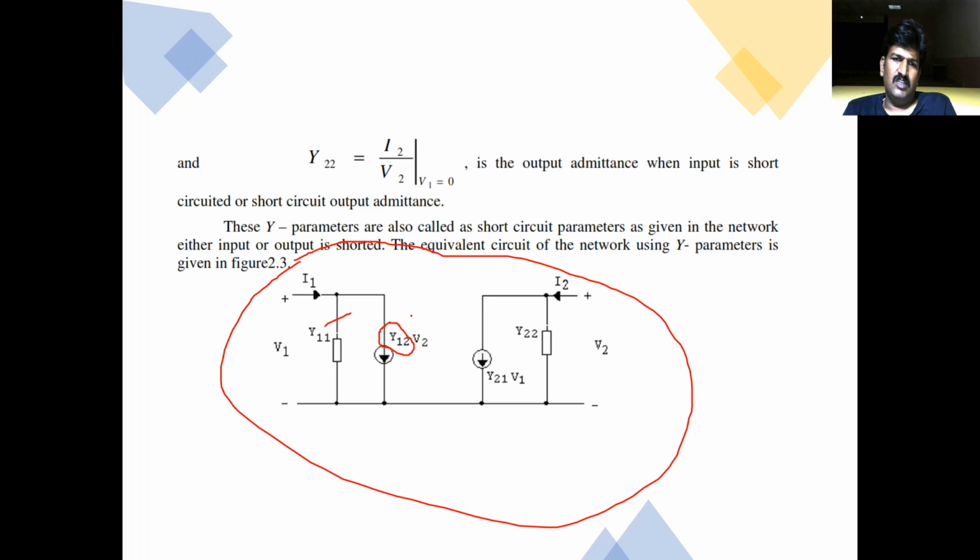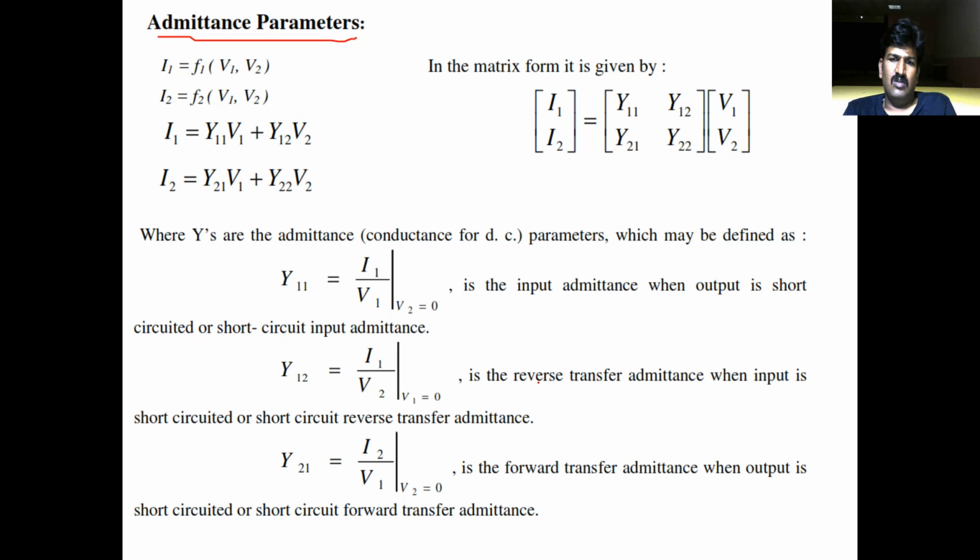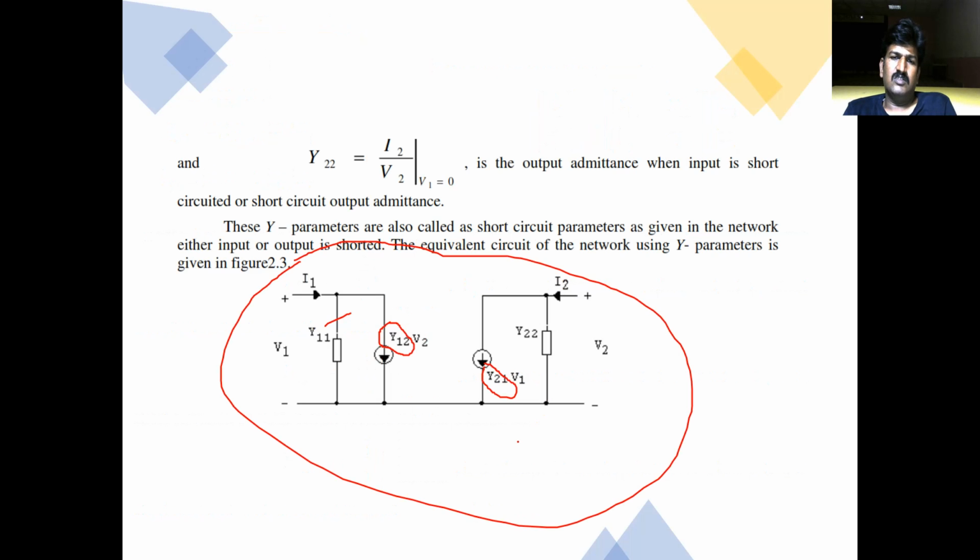It is the admittance in the input circuit due to the I2 current passing into the input circuit. This is the forward transfer admittance. This is the admittance of the output circuit when the input current is passing in the output circuit. Y22 is nothing but the admittance of the output circuit when the output current is passing through the output circuit.